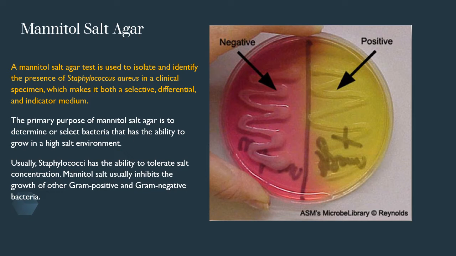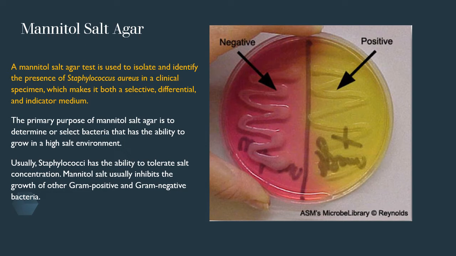You can see in the picture the positive culture has converted the media around it yellow, and the negative one has shown no color change. So that is an indicator medium. The production of acid changes the color of the medium. That's why it is also called an indicator medium.